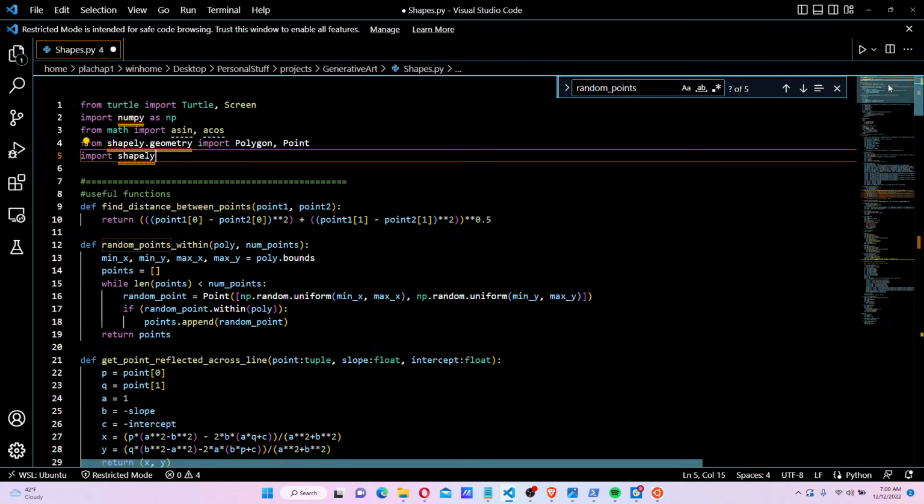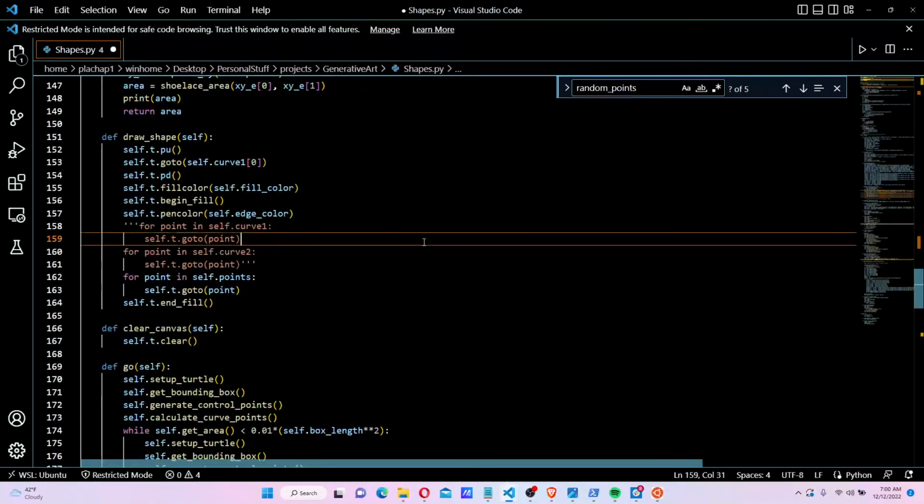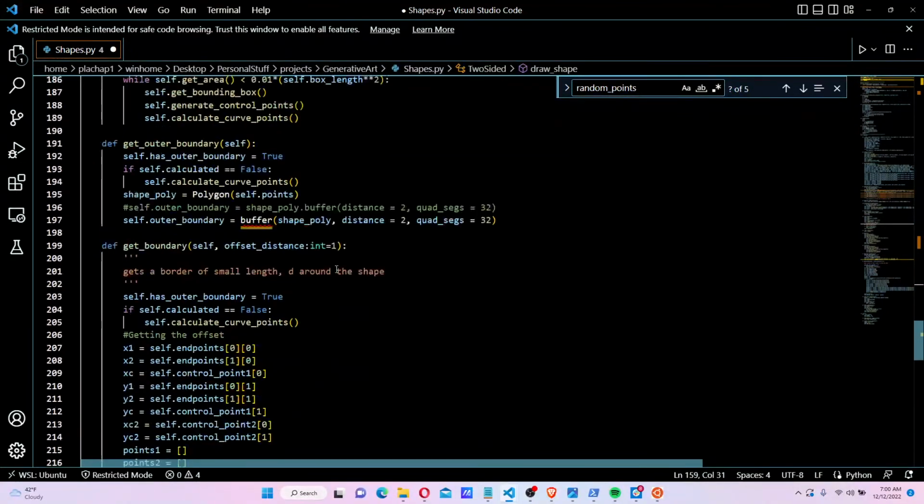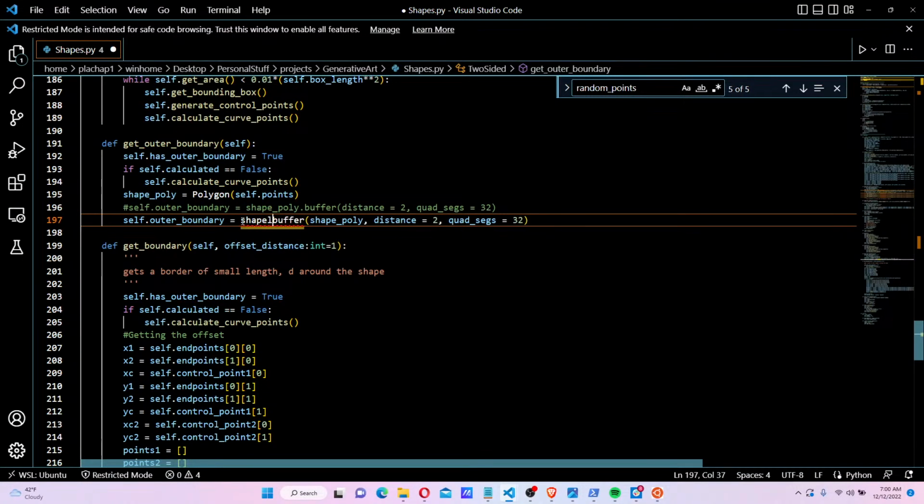So I'll try importing it there and then just saying so this I'll just call shapely.buffer.